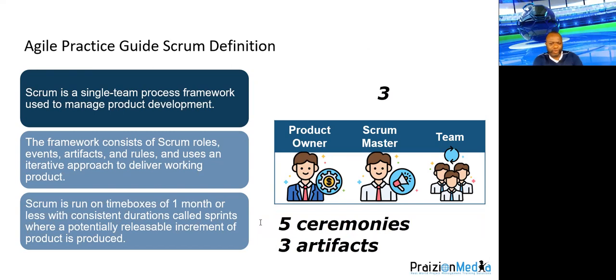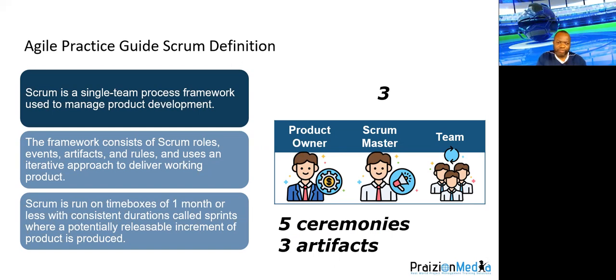At a high level, these 5 ceremonies are sprint planning, sprint retrospective, sprint review, the daily Scrum, and the sprint. We will talk about all these in detail. The 3 artifacts are the product backlog, the sprint backlog, and the PSI, potentially shippable increment.